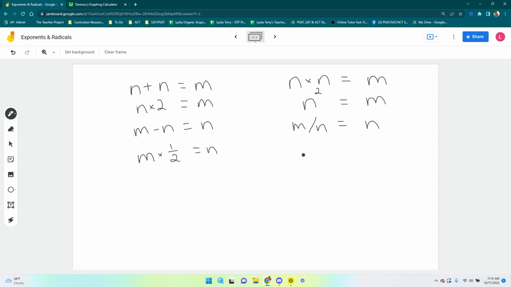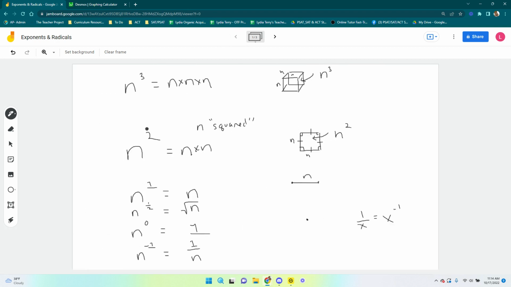And then we could also then say that m to the 1/2 power is equal to n. Do you see how that works? Okay. You could also say here that m divided by 2 is n, and the same thing here. So m root 2, or the square root, is n. All right? It's just a pattern. It's just a pattern, okay?